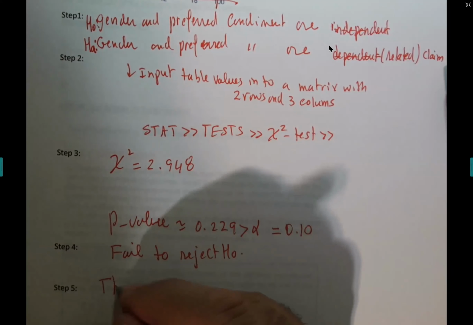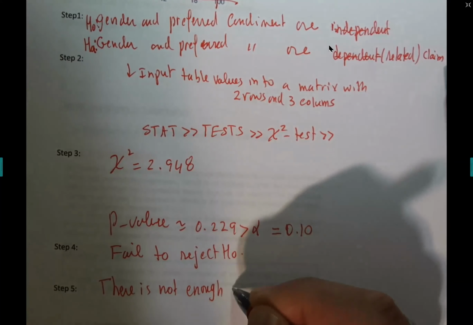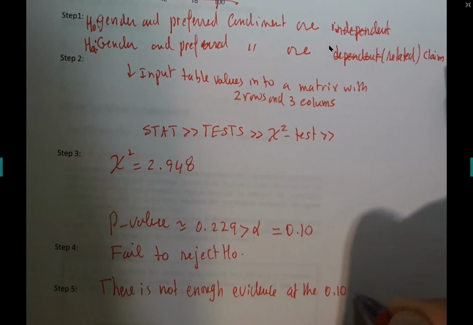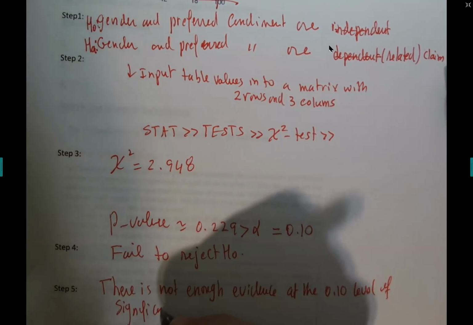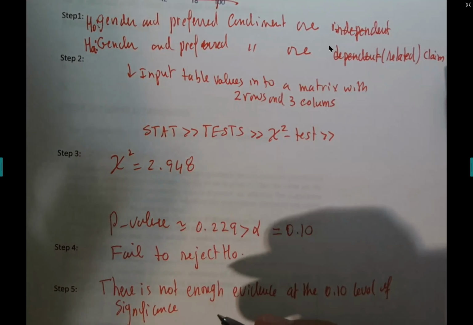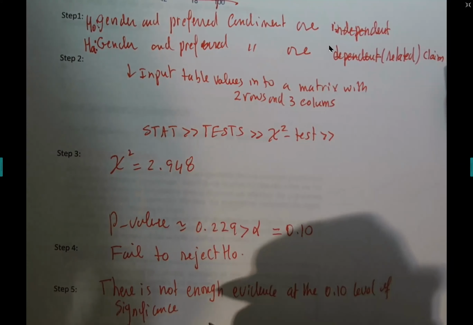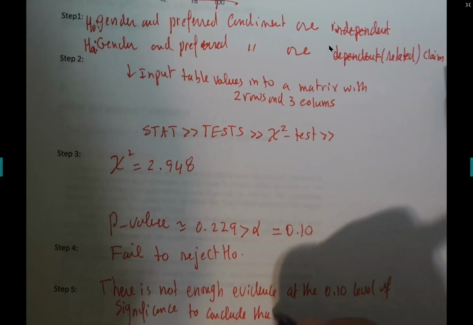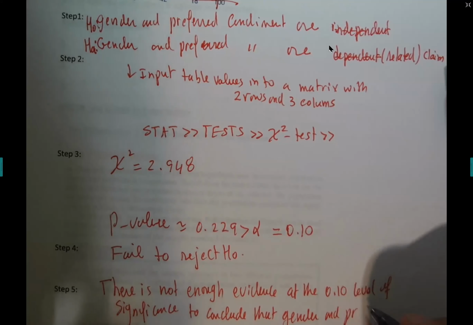There is not enough evidence at the 0.10 level of significance to support the claim, or to conclude, if you want to use the word conclude instead of support, if you see that in my lab, that gender and preferred condiment on a hot dog are related.